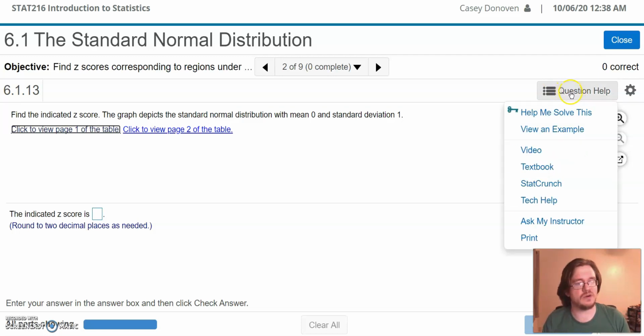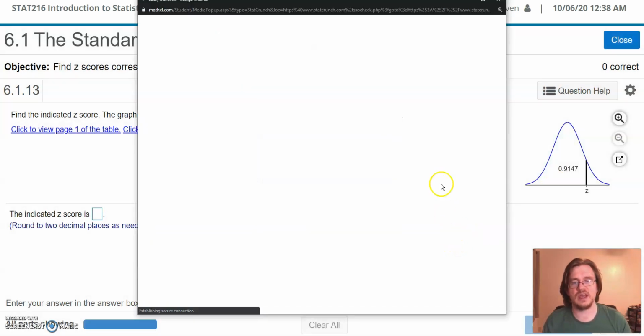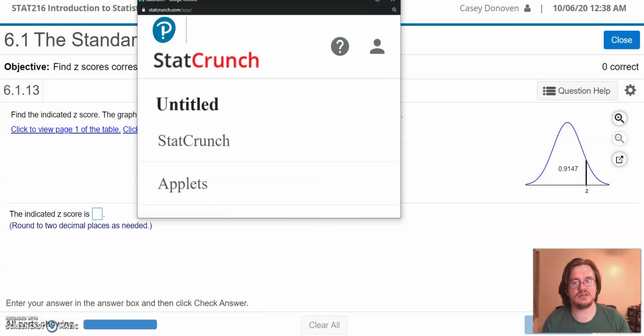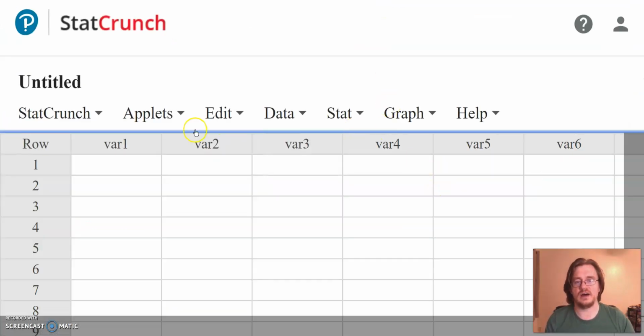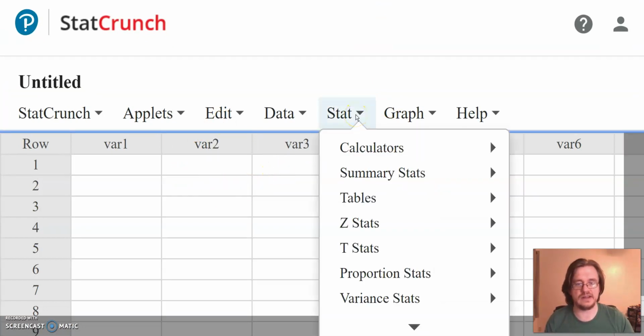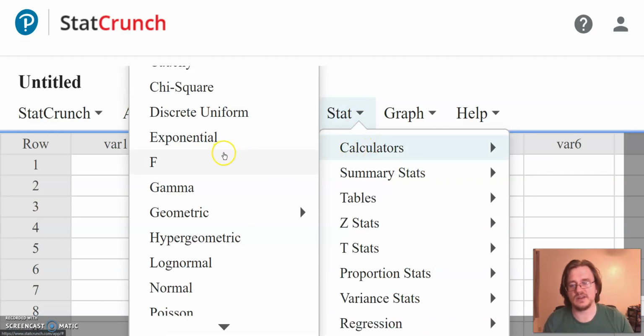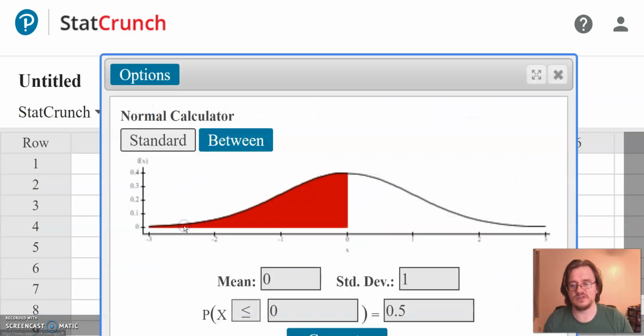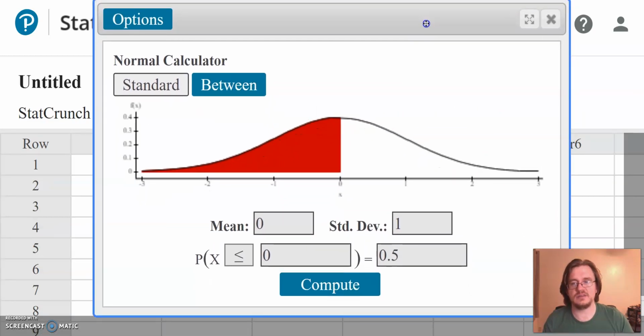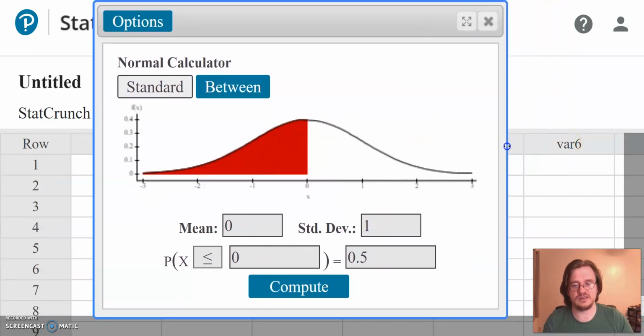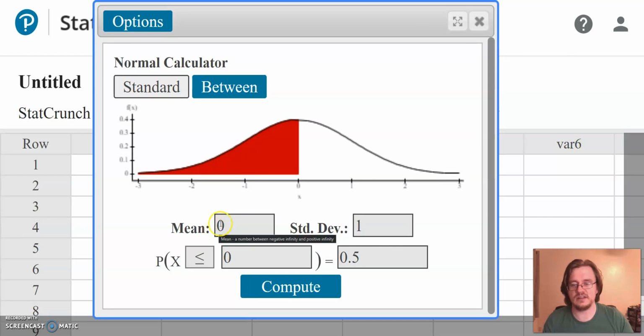The first place I would go is question help and then StatCrunch. When I open StatCrunch, there will be the calculator under statistics, and we can look at the calculator for the normal distribution. To make sure everything is correct, we want the mean to be 0 and the standard deviation to be 1, because this is the standard normal distribution.